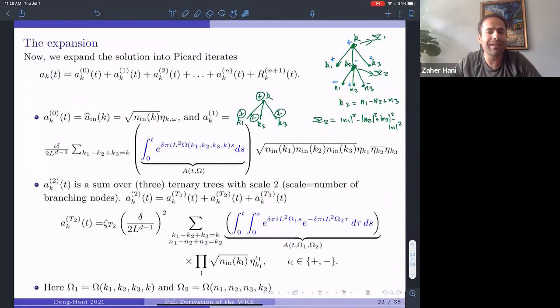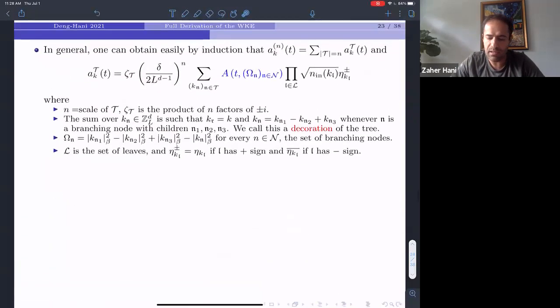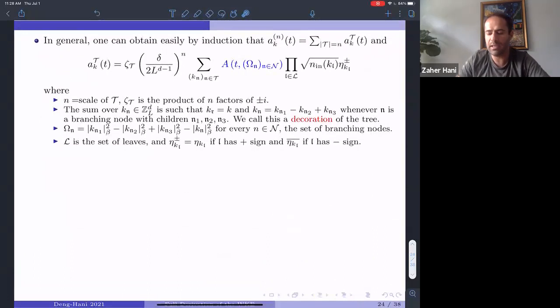Okay, so now maybe we have built some intuition in order to present the notion of how the nth iterate looks like. So in general, you can easily obtain by induction that the nth iterate is the sum over trees of scale n. So these are trees that have n branching nodes.